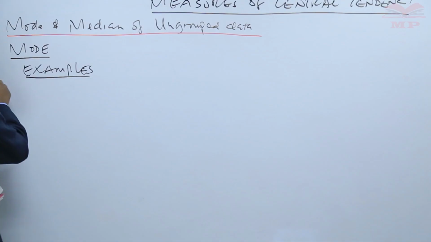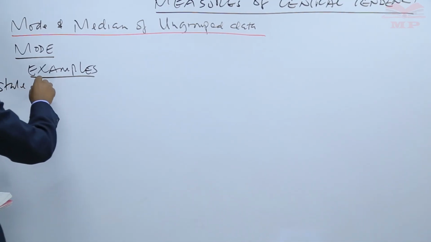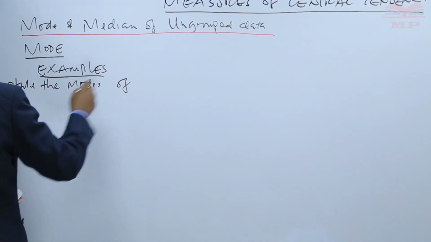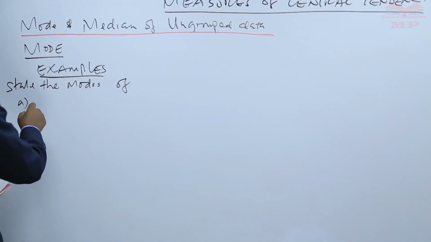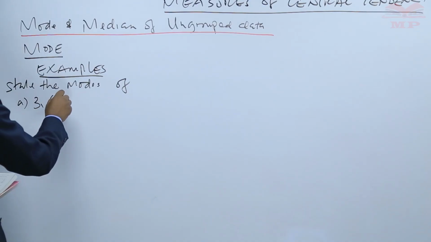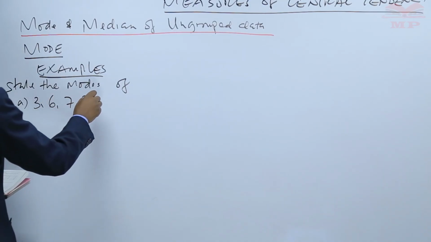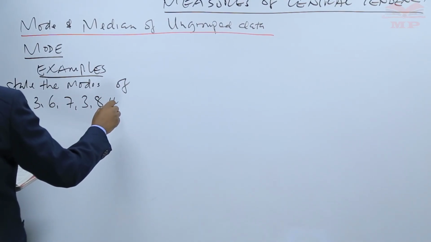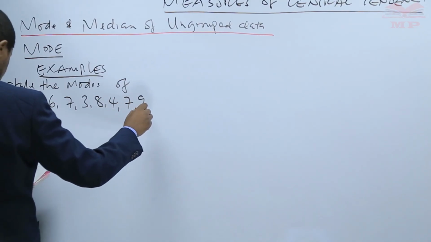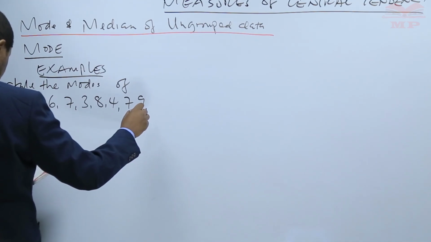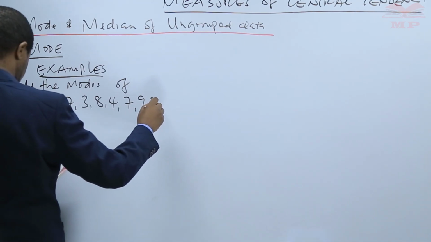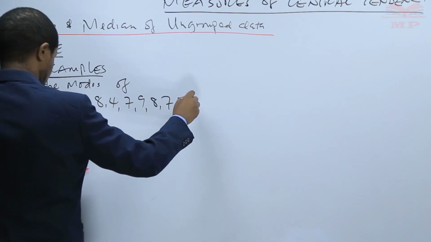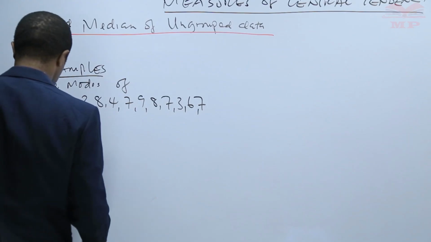State the modes of A: 3, 6, 7, 3, 8, 4, 8, 4, 7, 9, 7, 9, 8, 7, 3, 6, 7.